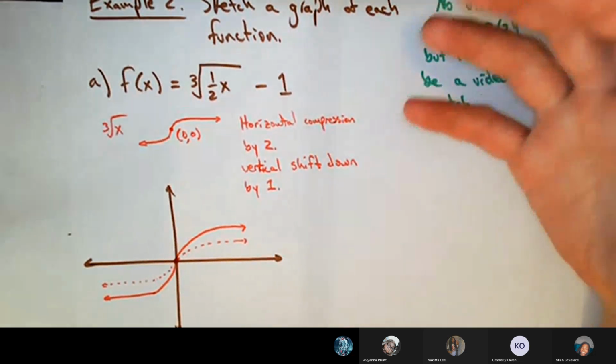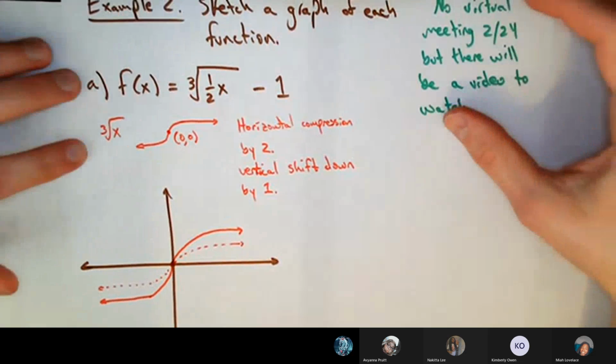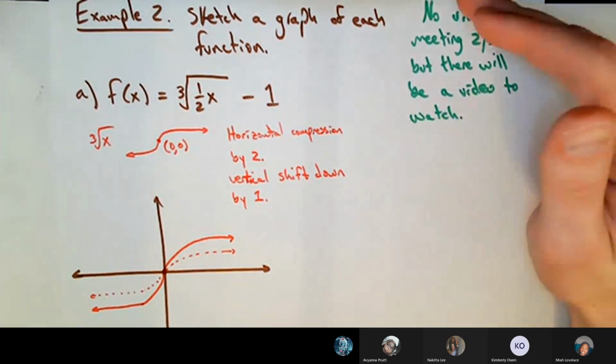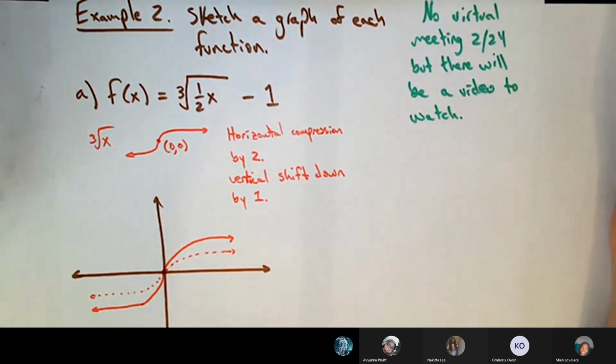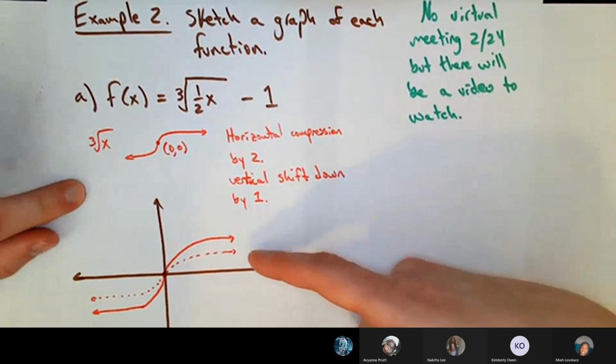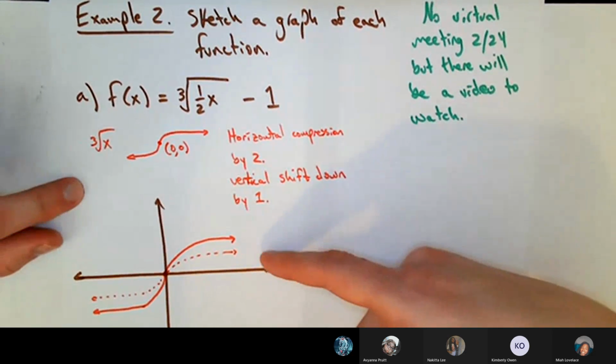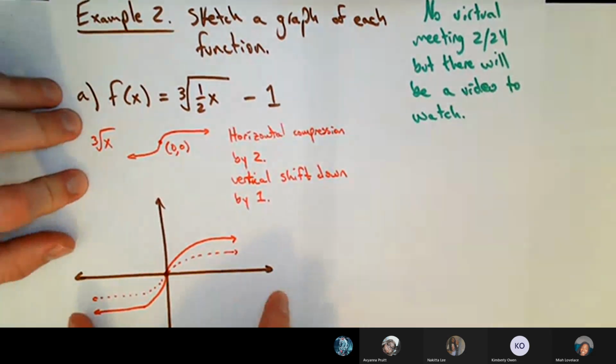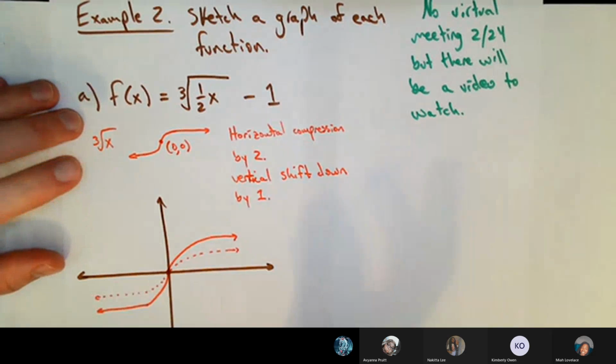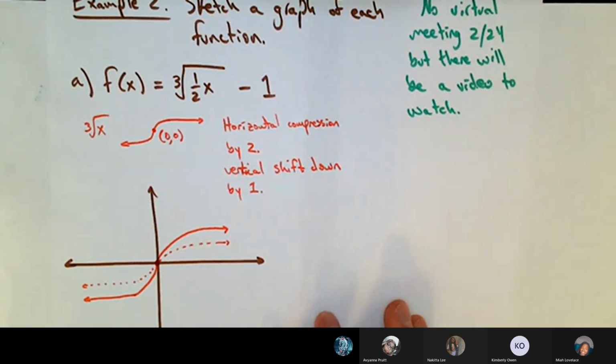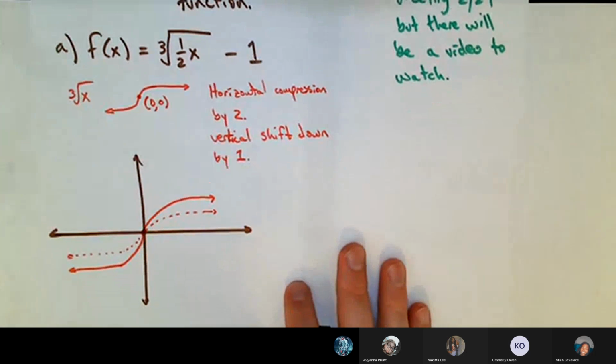So sometimes that idea of thinking about how these horizontal and vertical stretch and compression are related to one another can help, because this is kind of hard to think about as a horizontal compression, maybe.